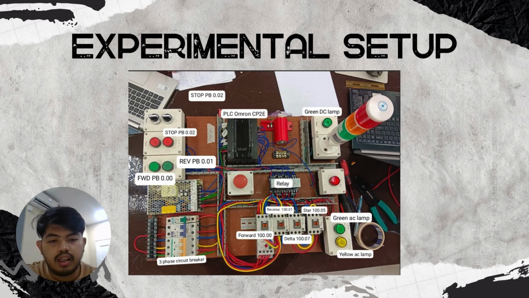Lastly, we have a green AC lamp, which is addressed the same as the forward contactor, and a yellow AC lamp that is addressed the same as the reverse contactor.